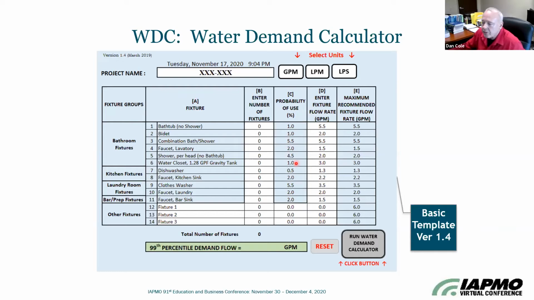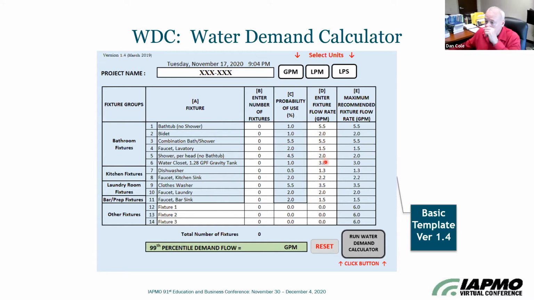The p-values are fixed. Now the flow rates, you will see that the flow rates are identical between columns D and E. In column E, these are the maximum recommended fixture flow rates. So the values that you change in here can be changed lower than the values in column E. If you try to put in a value higher than what's in column E, the calculator will give you a pop-up warning that you entered an incorrect value that is higher than column E, and you have to adjust it lower.